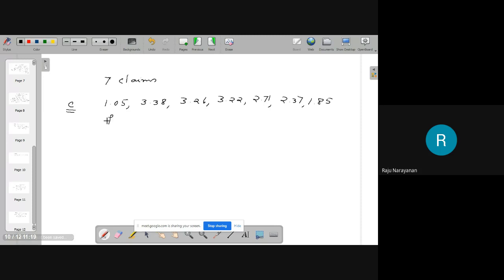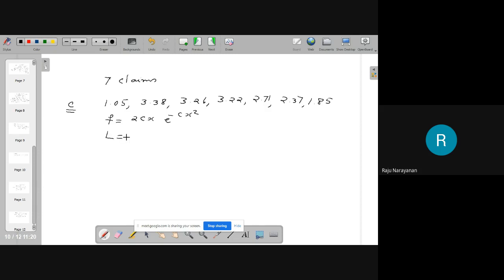What is f? f is 2cx e raised to minus cx square. We have to do a little bit of homework.